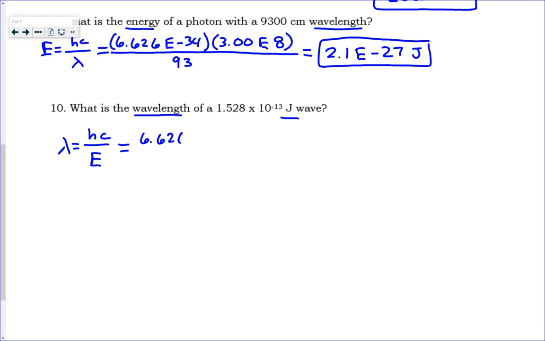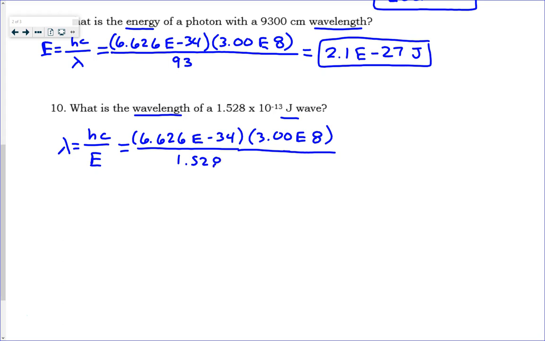6.626 times 10 to the negative 34th, times 3.00 times 10 to the negative 8th, or positive 8th, divided by the energy, 1.528, times 10 to the negative 13th.